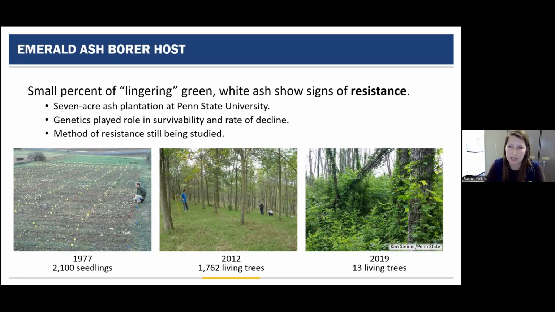It's a very small percentage, but they think that these ash trees' genetics might play a role in how they're able to survive the beetle, and they also saw how some of these ash trees had different rates of decline. They're still doing a lot of research looking at the methods of resistance, but it does provide a little bit of hope that maybe some of our native ash trees can survive the emerald ash borer.